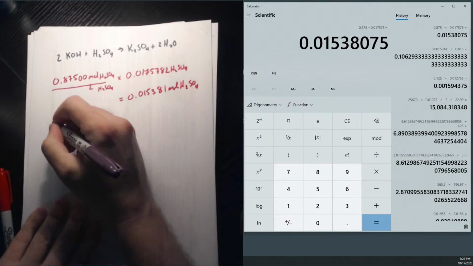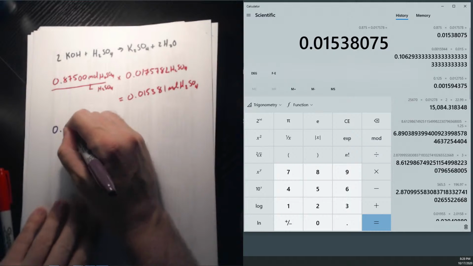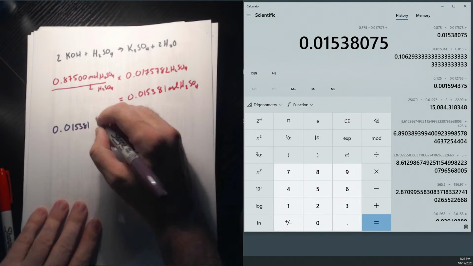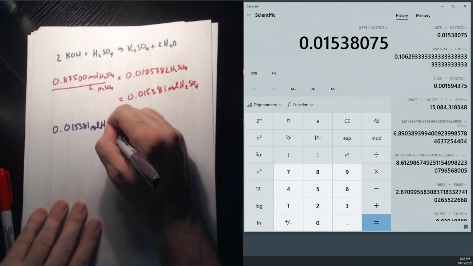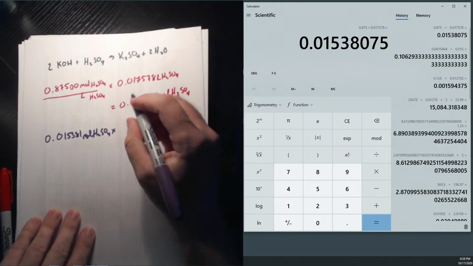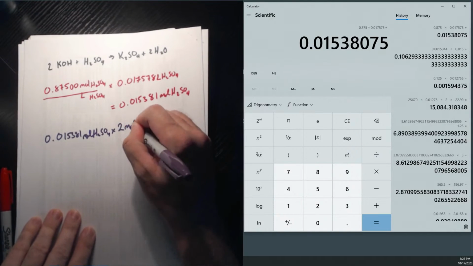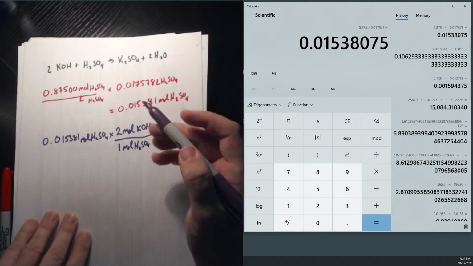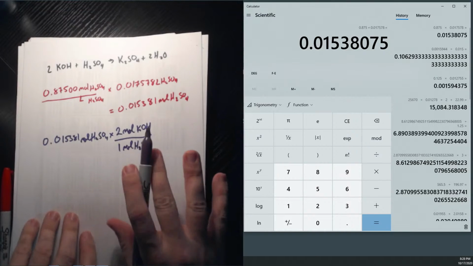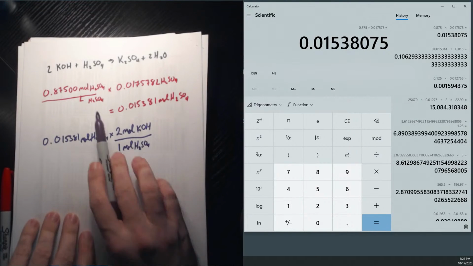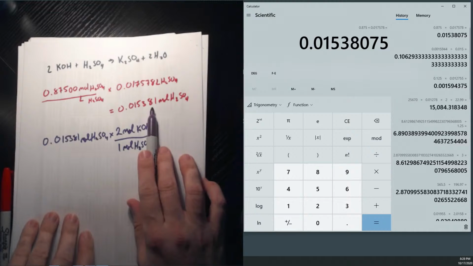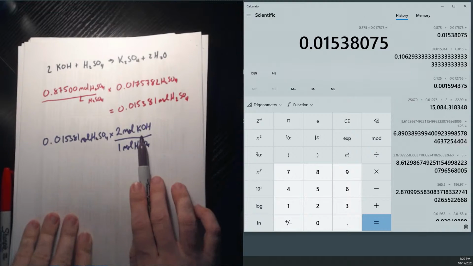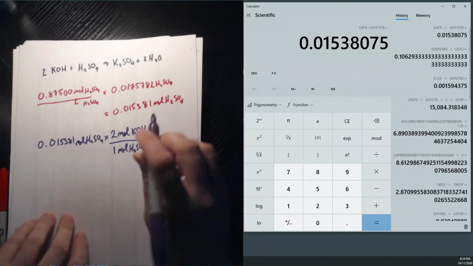So 0.015381 moles of H2SO4 times 2 moles of KOH for every 1 mole of H2SO4. This is just a standard Stoich step. All we've done is convert to moles of our substance A. Now we're converting to moles of substance B.